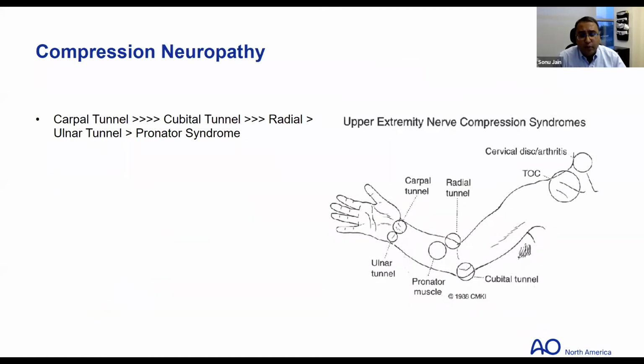So carpal tunnel syndrome occurs much more often than cubital tunnel syndrome, which occurs much more often than radial neuropathies or ulnar tunnel syndrome or pronator syndrome. And so you can see here just the different areas where these different neuropathies occur.